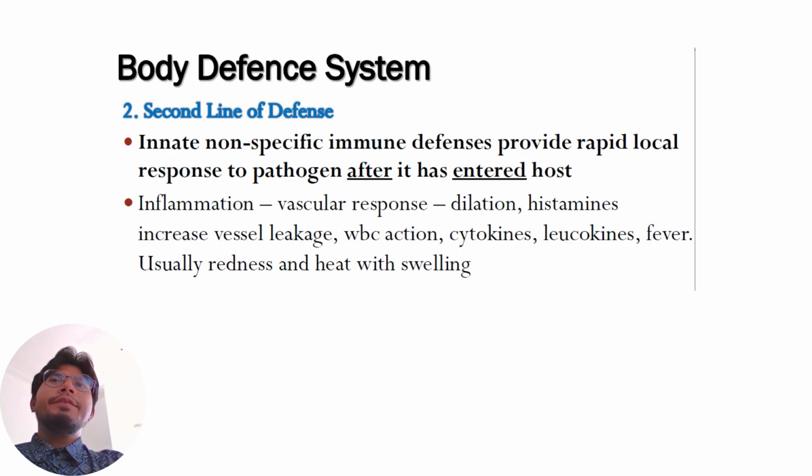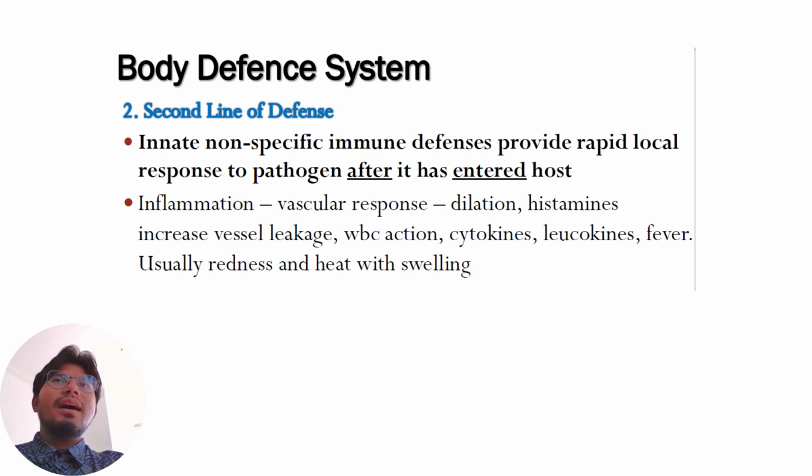If the first line fails to prevent the entry or kill the pathogen, then the second line will be activated. Usually, the second line immune system will be followed by a process known as inflammation.